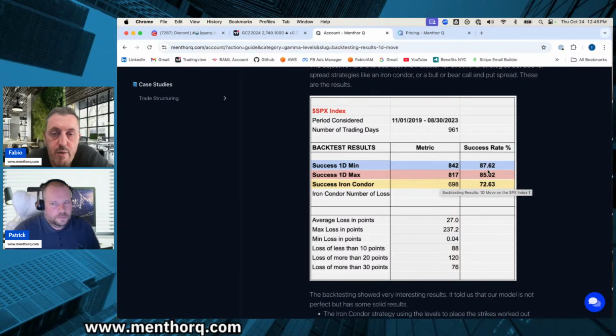So we know that on 4 years of history, 87% of the time the price closes above the 1-day minimum, and 85% of the time it closes below the 1-day maximum.